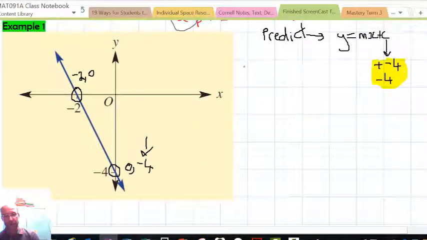What can we do with these two points? Well, we can calculate the gradient. Now remember, the form of a straight line is y equals mx plus c. If we've got m and we've already got c, we can write the equation or the rule down.